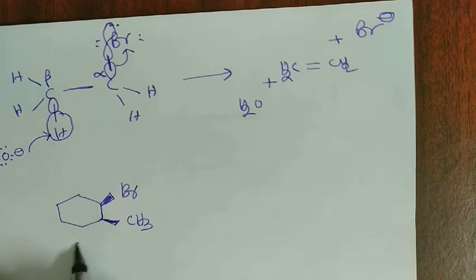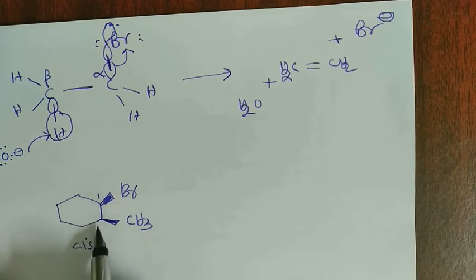This compound is a cis isomer. Cis isomer of 1-bromo-2-methyl cyclohexane. Hydrogen atoms are a common group. They are on the same side. Hence it is a cis isomer.